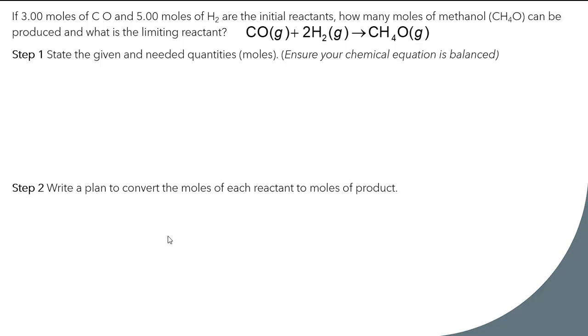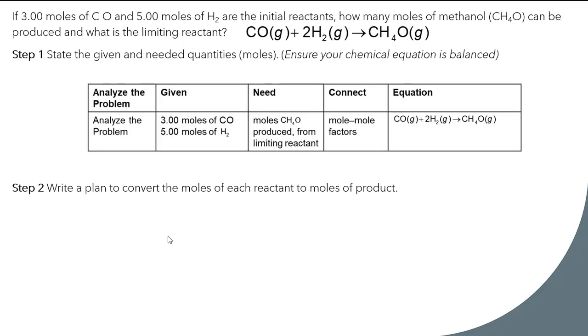All right, step 1, state the given and needed quantities, moles here, and ensure that your chemical equation is balanced. So analyze the problem. We are given 3 moles of carbon monoxide and 5 moles of hydrogen. We need to identify how many moles of methanol can be produced from each of our reactants, assuming the other is in excess.